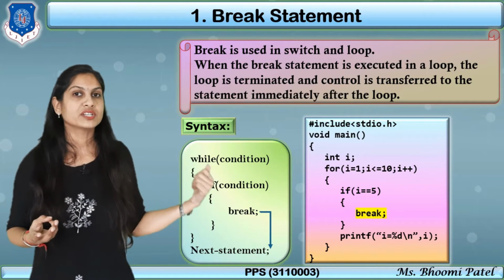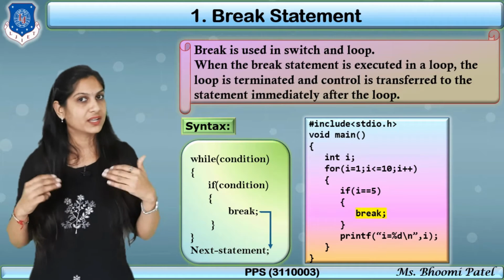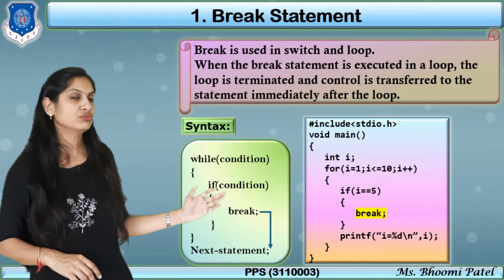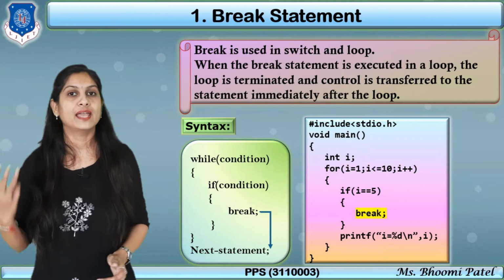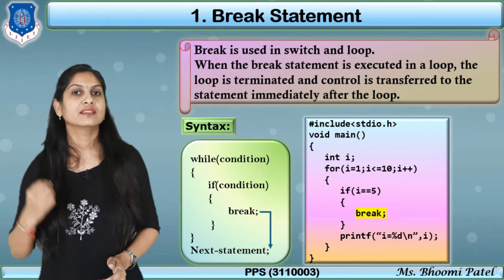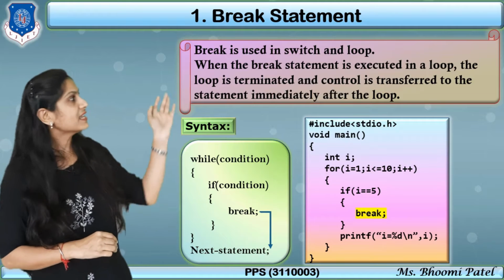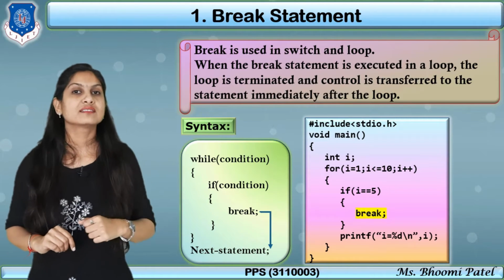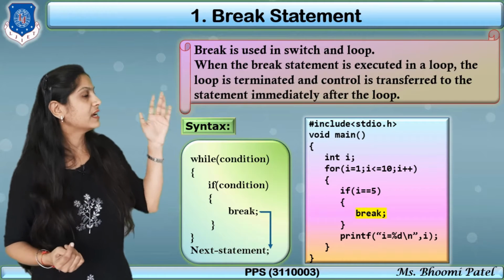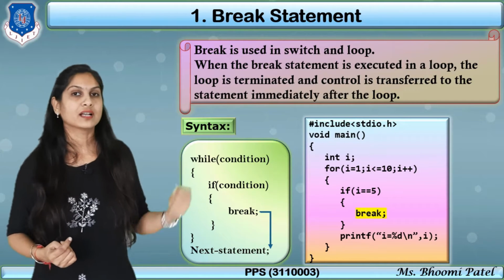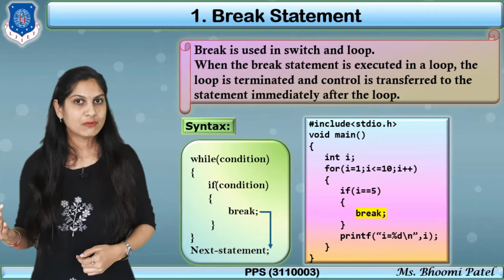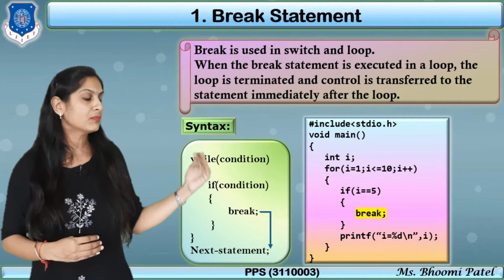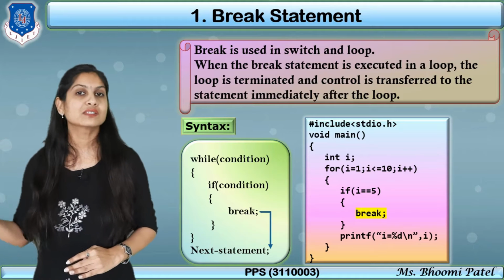Then check 3 equals 5. Again false, break is skipped, and 3 is displayed. Now i is incremented to 4, the condition is true, go inside the for loop and check 4 equals 5. No, false, so skip the break statement and print i equals 4.